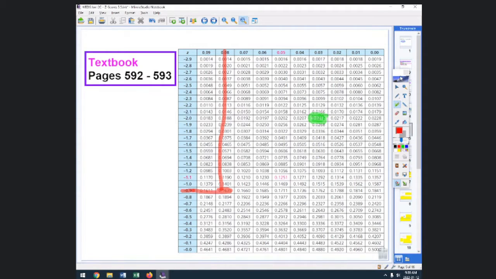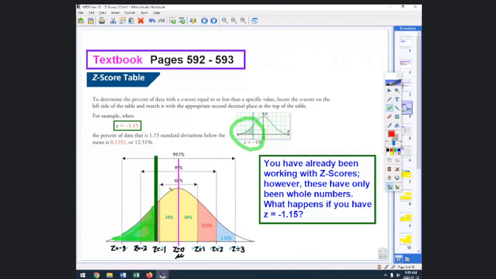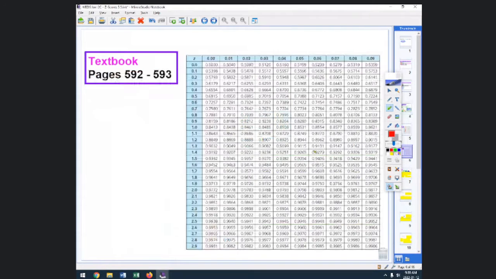So if you notice, these are all the Z-scores that are negative. So what I'm talking about here are all the Z-scores that are to the left of the mean, because these are all negative. If I want a positive Z-score, if you do have your book open, the other page is going to be all the positive Z-scores.